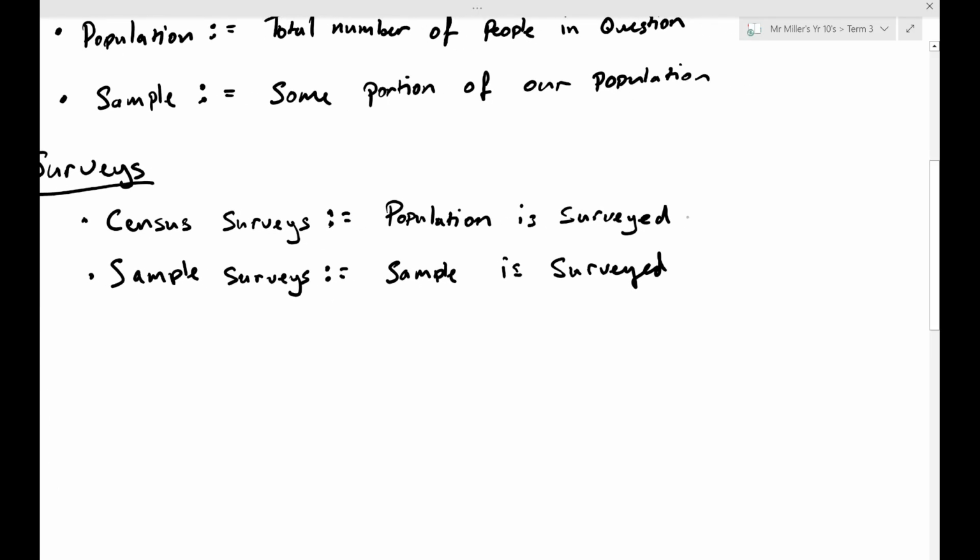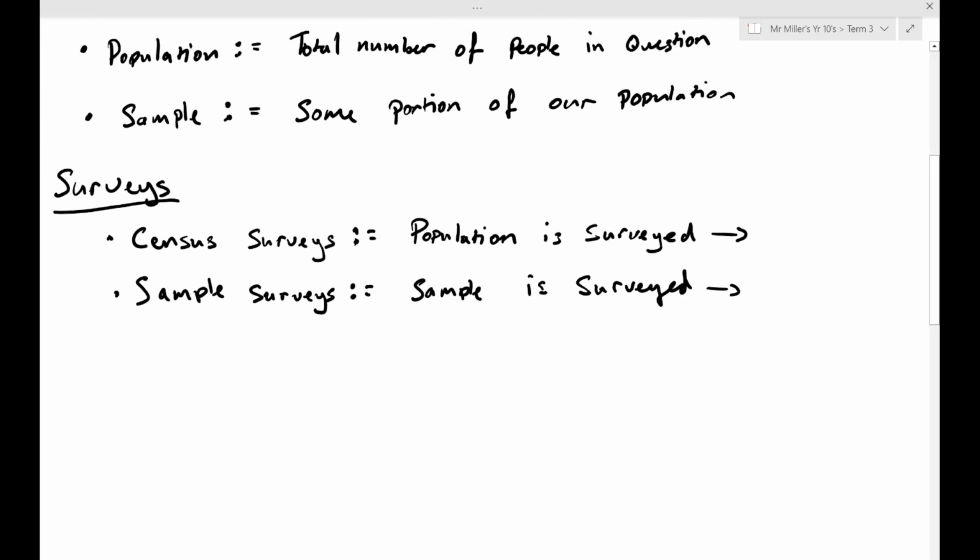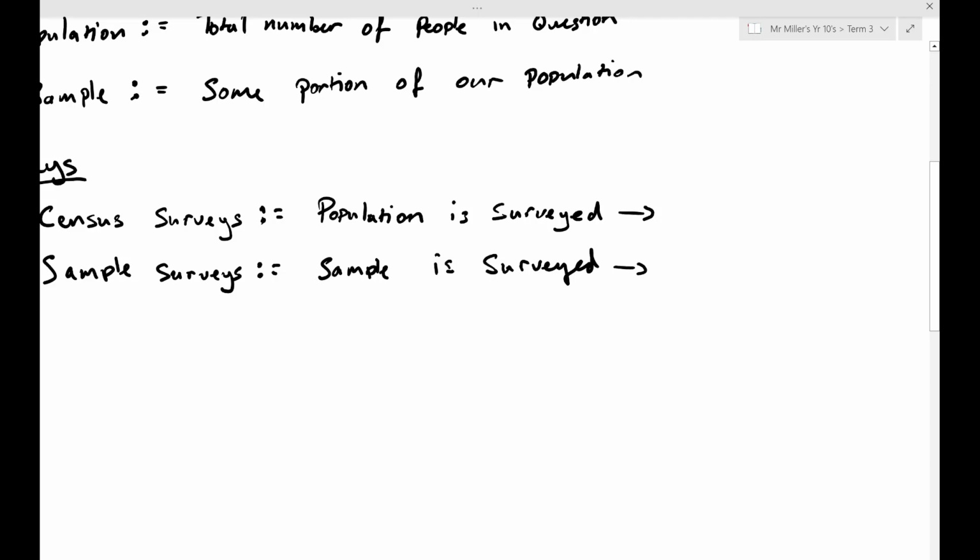Okay, so why both of these exist is because there's pros and cons to either. A census survey, the main pro, of course, is we're going to get the most accurate information because we're asking everybody, right?